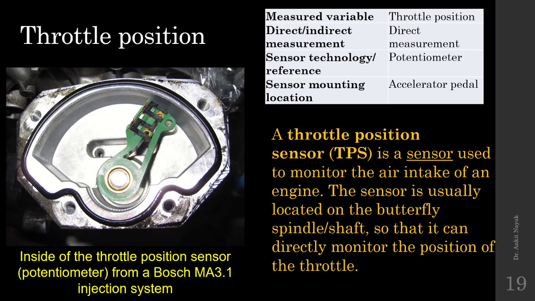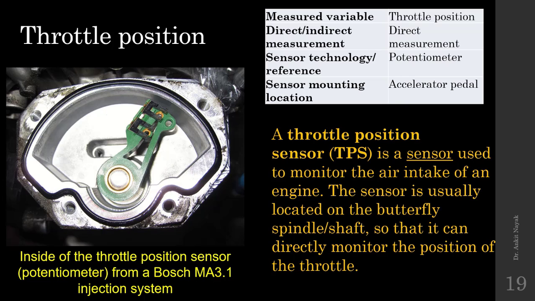So we have to mount this throttle position sensor at the accelerator pedal. A throttle position sensor is used to monitor the air intake of an engine. The sensor is usually located on the butterfly spindle or butterfly shaft, so that it can directly monitor the position of the throttle.